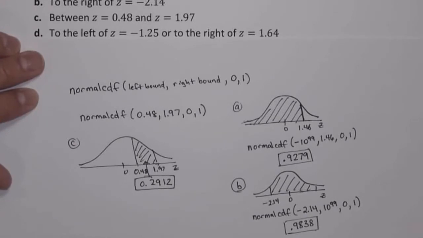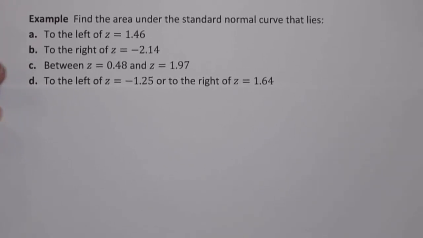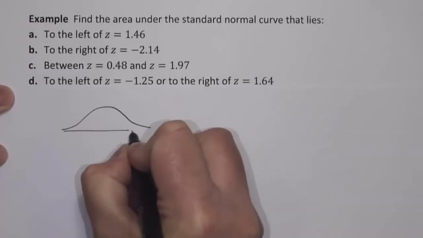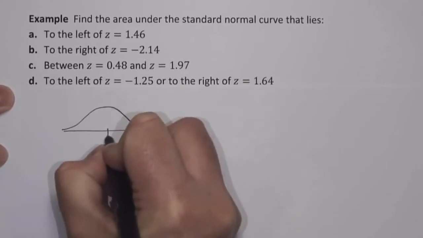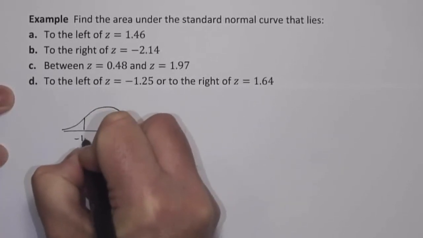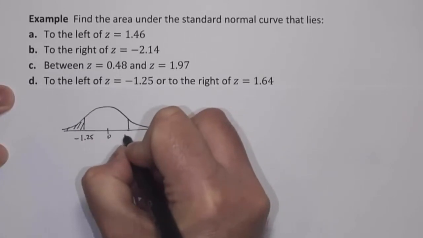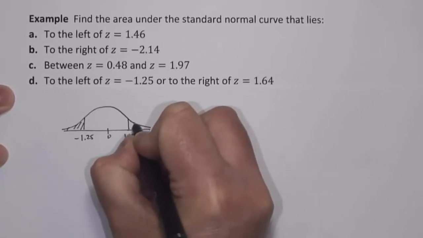Okay? And last but not least, we need to do part D. So we'll do that on a different sheet. So in part D, again, picture-wise, we're looking for the area to the left of negative 1.25 or to the right of 1.64.